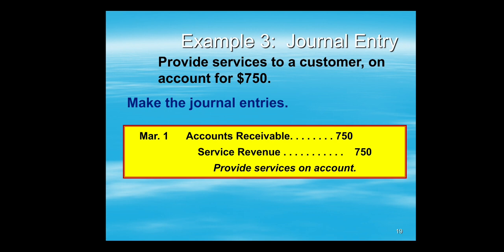For equity increase, you check the rule of debit and credit. Equity increase, you have to credit. The name of the account is revenue or service revenue. The amount is 750. So the explanation for the transaction is provide services on account.